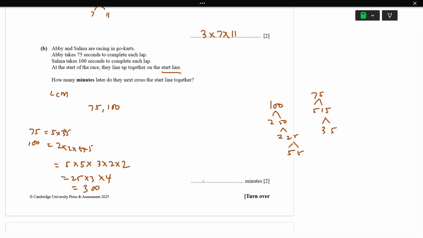So the answer is 300 seconds. The final answer needs to be in minutes, so we divide by 60, which is equal to 5. So the answer is 5 minutes.